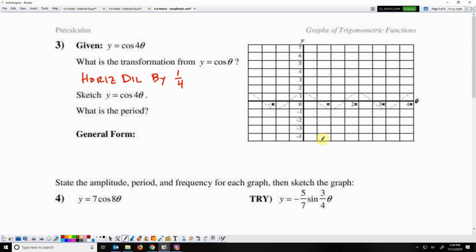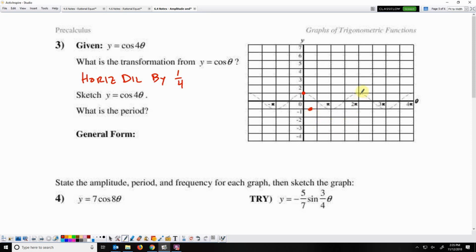Okay? So right here, my theta value is 0, times 0 stays 0. Here, my theta value is 1 pi. 1/4 of that is 1/4 pi. So here's a half pi, here's a 1/4 pi.